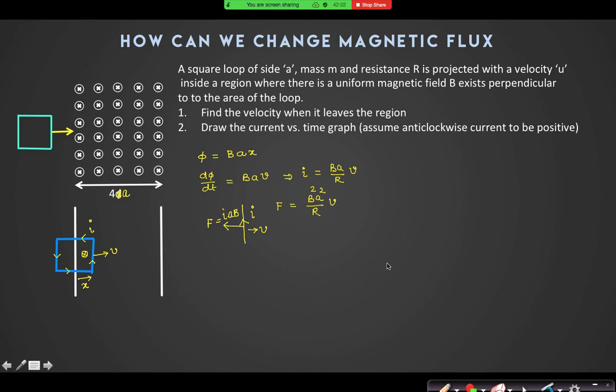Yes or no? Can I say that this is equal to minus m into v dv by dx? Can I say that? Yes, sir. So what is dv? dv is equal to minus B square a square by m R into dx.